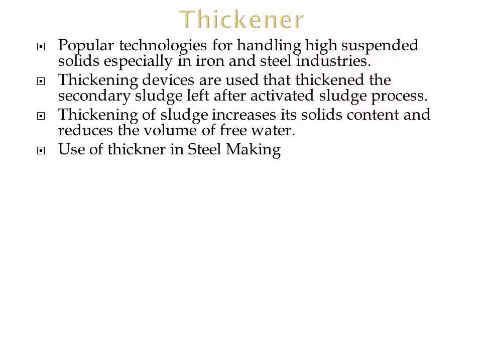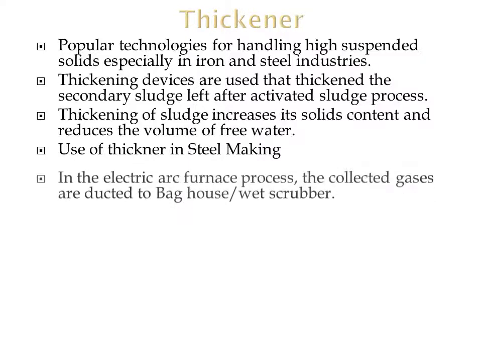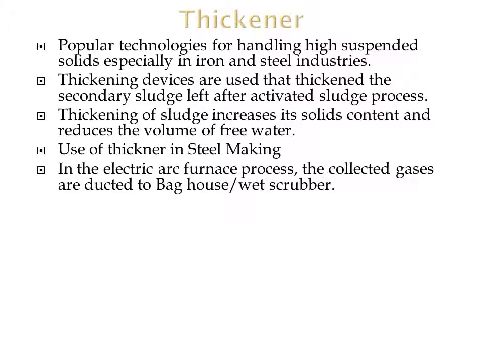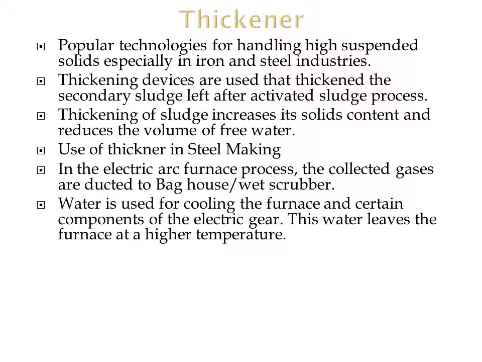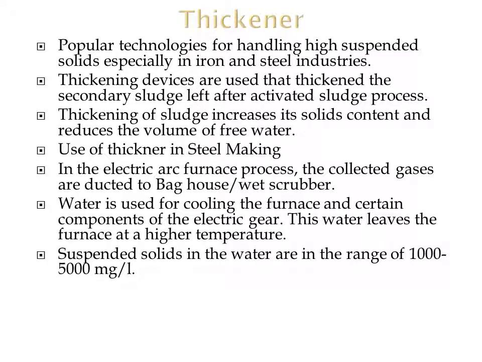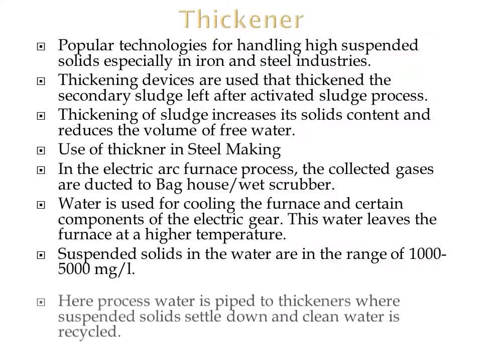And here is the use of thickener in steel making. In the electric arc furnace process, the collected gases are ducted to the baghouse or wet scrubber, and water is used for cooling the furnace and certain components of the electric gear. This water leaves the furnace at very high temperature and also contains suspended solids, generally ranging from 1000 to 5000 milligram per liter.